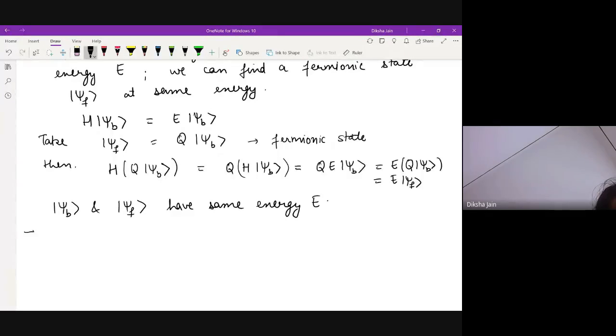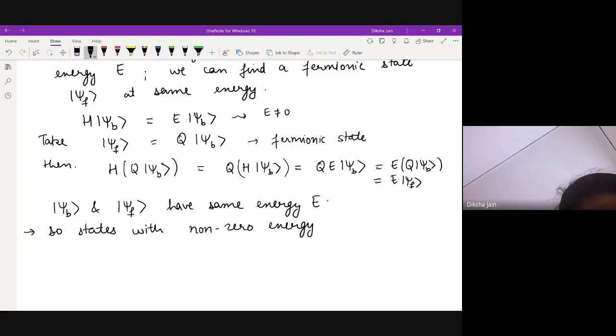So here I assume that E is not equal to 0. If E was 0, then the right hand side will be 0. So the states with non-zero energy are always paired in a supersymmetric system.